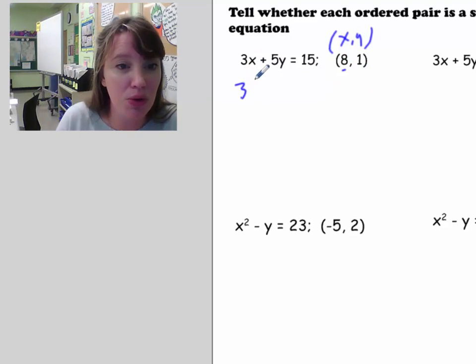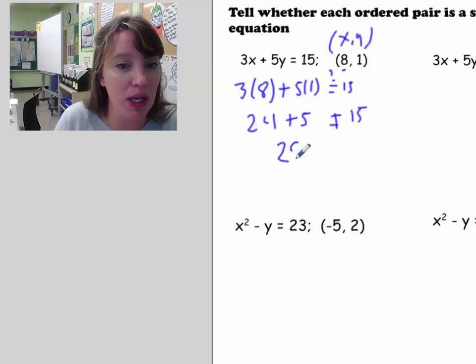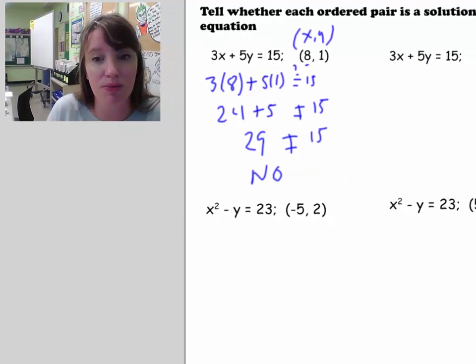So here we can go 3 times 8 plus 5 times 1 and ask ourselves, is that equal to 15? So there's a question mark at this equal sign. 24 plus 5 does not equal 15, because it's 29. So the answer for this one is no. This ordered pair is not a solution to this equation.